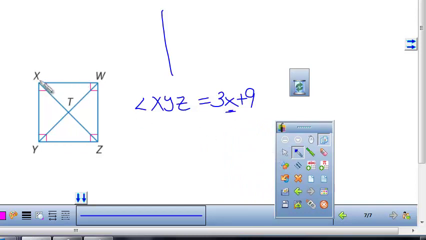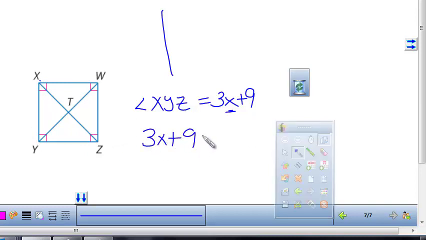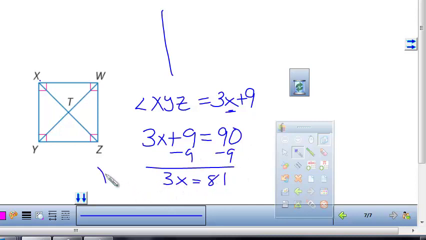Well, XYZ is a right angle, so 3x plus 9 equals 90. Do algebra and you will get x equals 27.